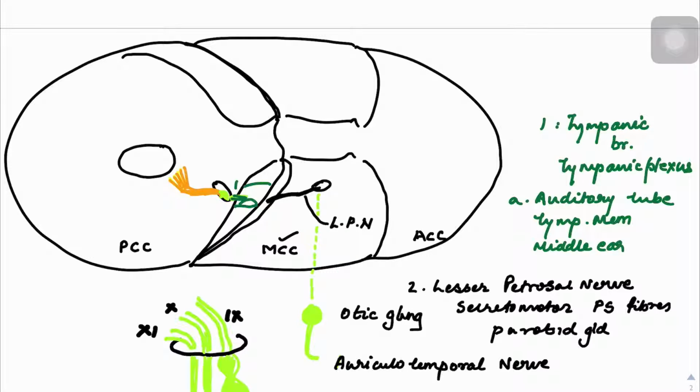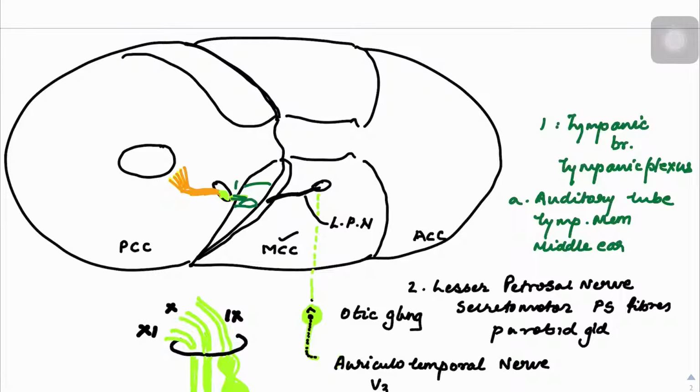Auriculotemporal nerve is a branch of mandibular division of the trigeminal nerve. It's a branch of mandibular division of trigeminal nerve. So it is taking the help of fifth cranial nerve. So let us say this nerve will relay the fiber, and then the postganglionic parasympathetic fibers are carried out via the auriculotemporal nerve to the parotid gland.